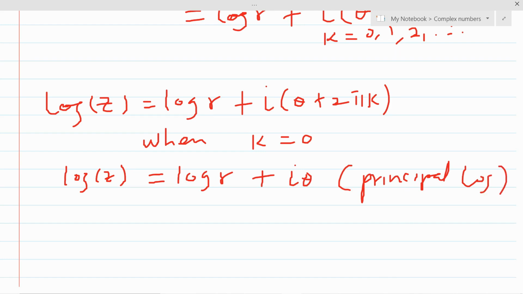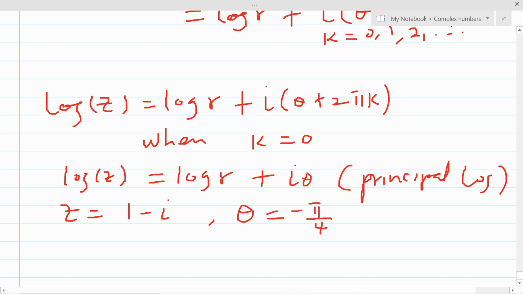So let's take an example. Z equals, let's say, 1 minus i. Now you know that with this, we've done it before, theta will be negative pi on 4. So our r is equal to the square root of 1 squared plus negative 1 squared, and that will be the square root of 2.